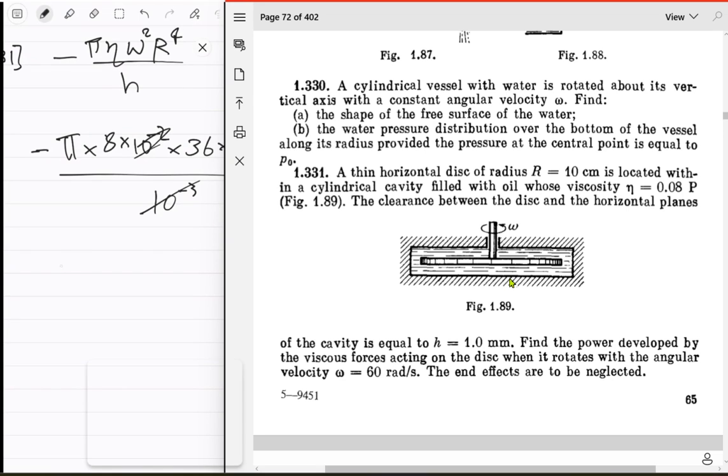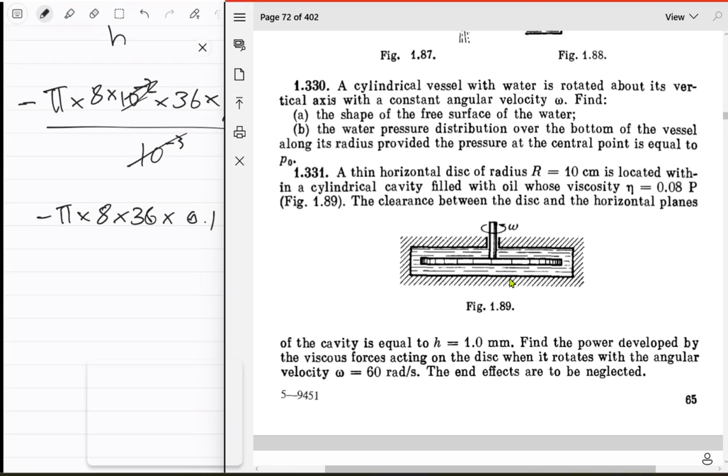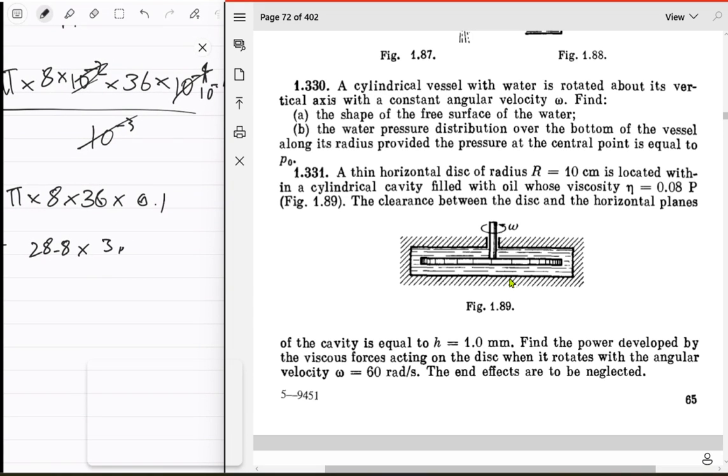So this will be negative pi times 8 times 36 times 0.1, right? 36 times 8 is 24 and 40, which is 288. So 28.8 times pi, which is 3.14. I think that's going to work out.